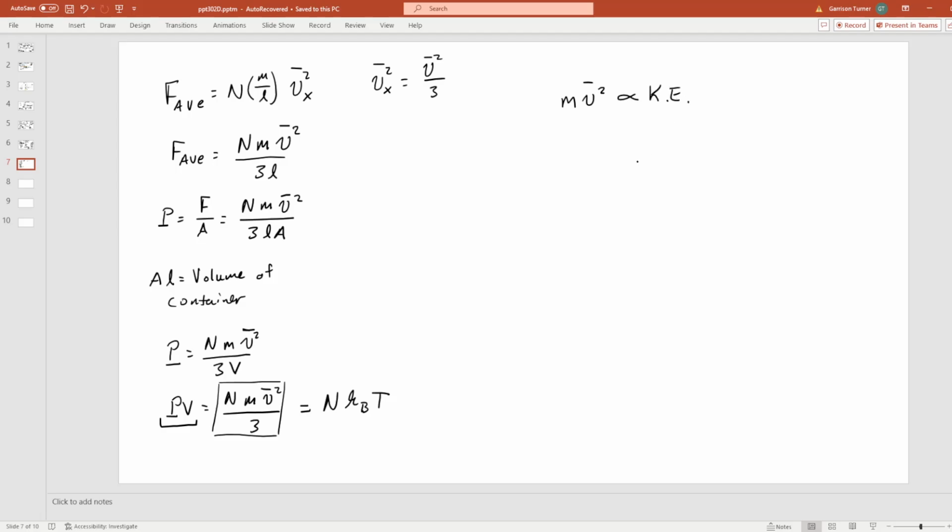Our N's cancel, the total number of molecules, it doesn't matter. And I can multiply both sides by 3. So m times the average of the square of your speeds is equal to 3 k_B T. And then to convert this into kinetic energy, multiply by 1/2 on both sides.